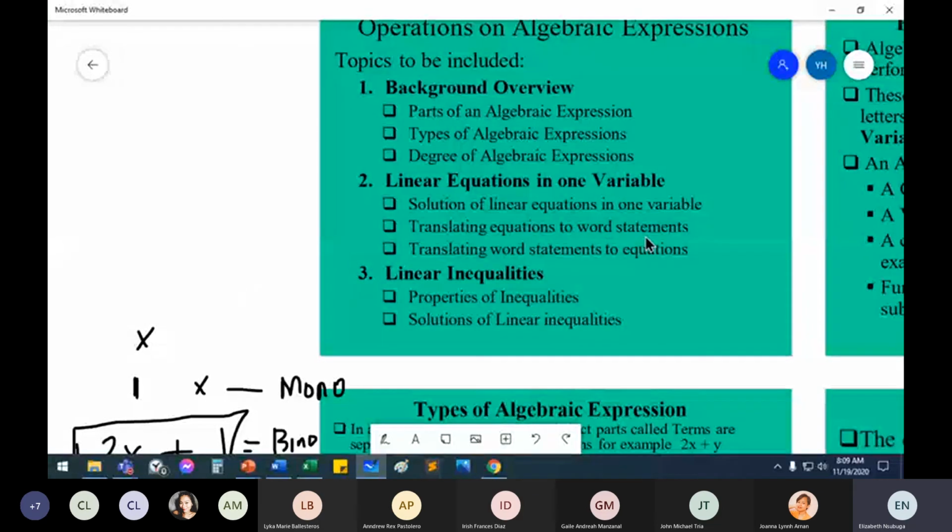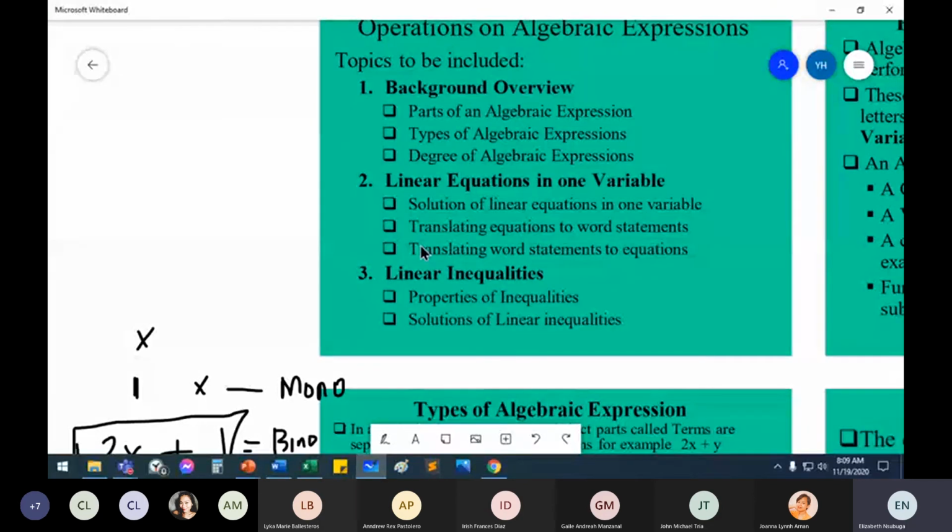I've given you one slide there so that you will understand it. Solution and translating to word statements is where we are going to have our assessment.